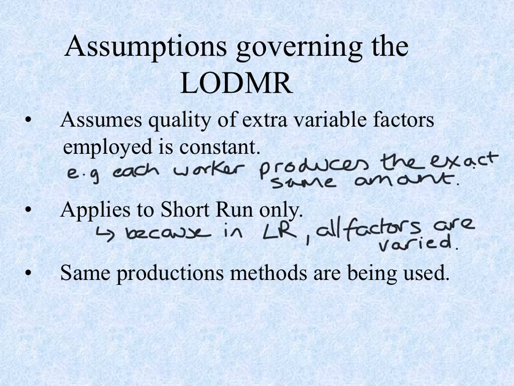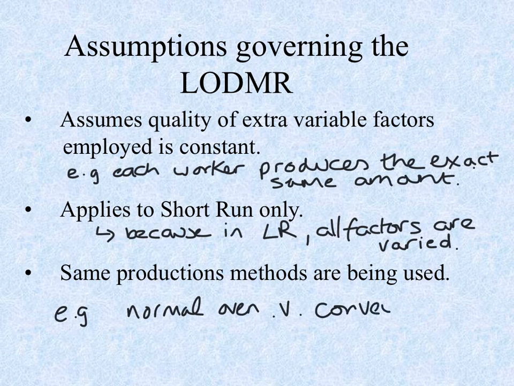The last one is that the same production methods are being used. For example, in our example of the bakery, a normal oven versus a conveyor belt oven. I don't know if some of you have ever seen this, where in massive factories that make cakes or certain foods, they have a conveyor belt.